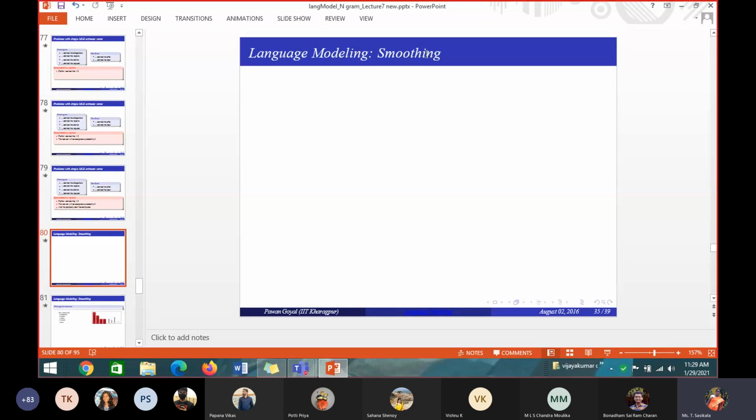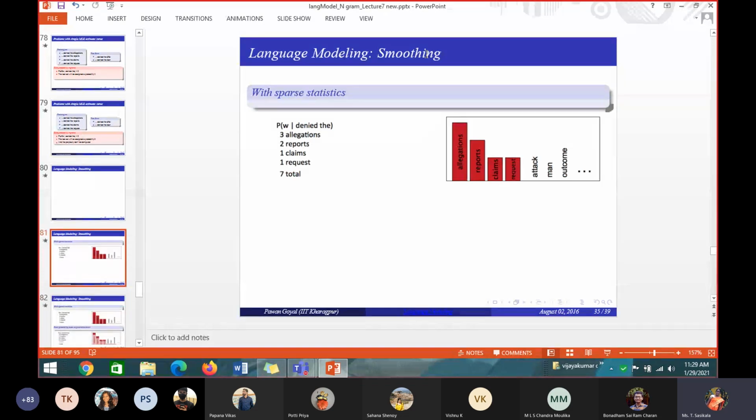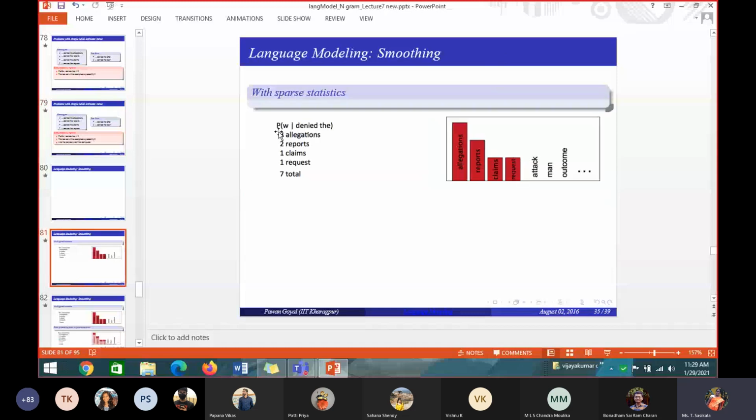See here, I have P of W given denied the. What are the words I have in my training corpus? Denied the allegation, denied the report, denied the claim, denied the request. W can be allegation, report, claims, or request. Assume "denied the allegation" is a trigram occurring 3 times in my corpus.